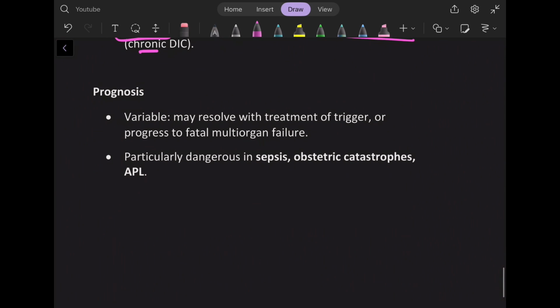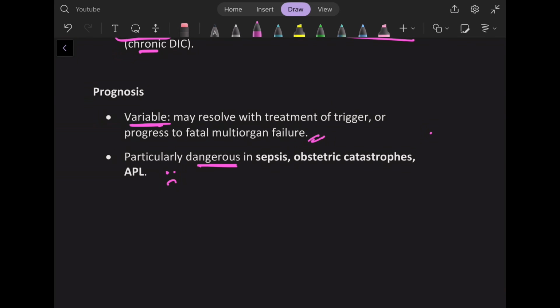The prognosis is highly variable. In some cases, if the trigger is removed, DIC may resolve spontaneously. May resolve completely. But in severe situations like sepsis, obstetric catastrophes, or leukemias, it can rapidly progress to fatal multi-organ failure.